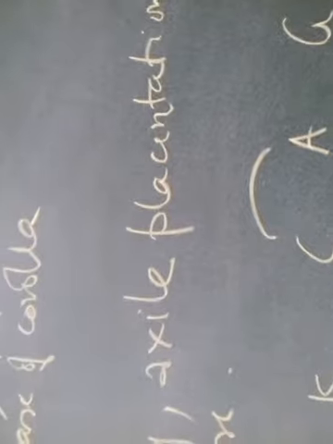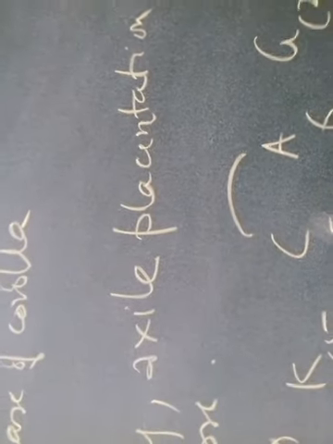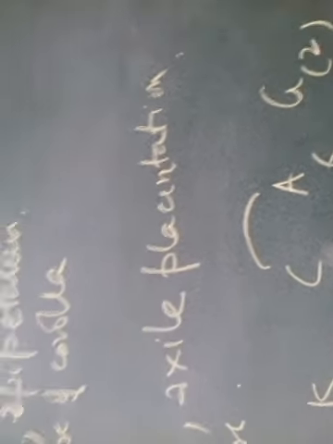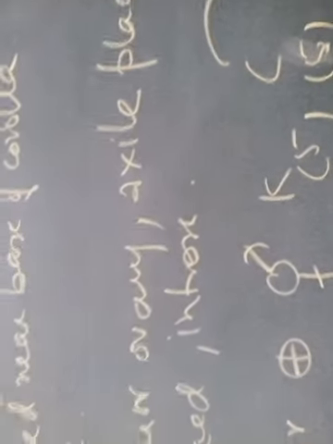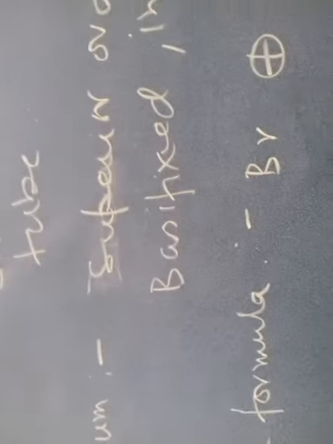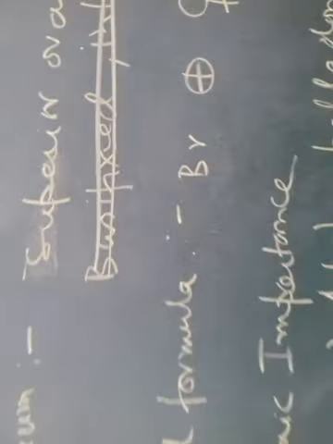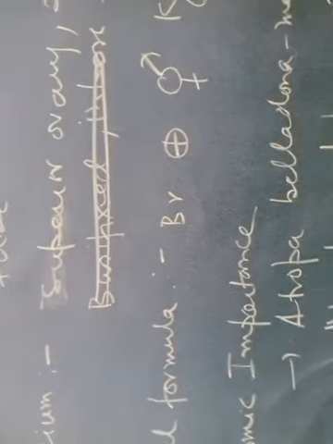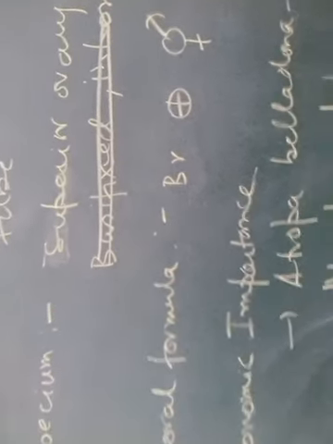Axile means the attachment of the ovules to the axis in the middle of the ovary. Basifixed and introrse, of course this should not be written here, just cancel this. It should come in the androecium, that is the attachment of the filament and how the anther opens.